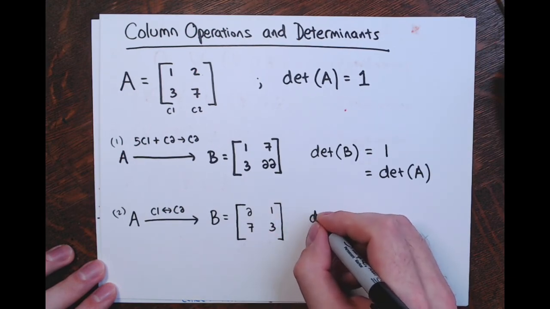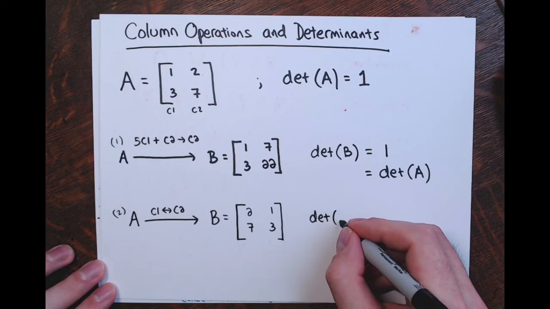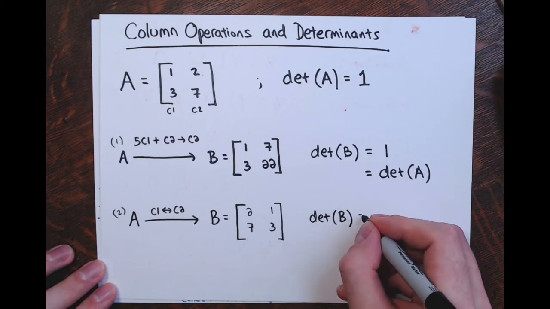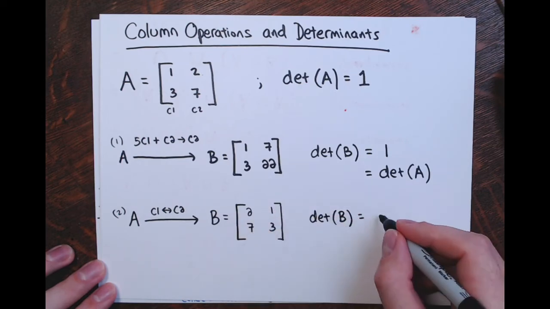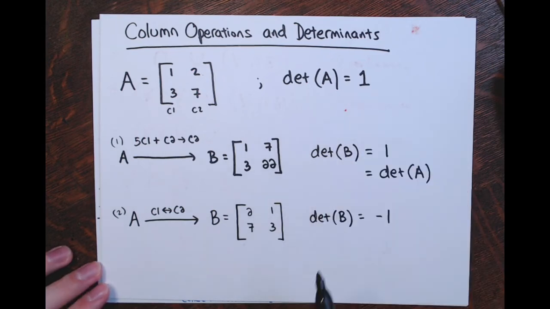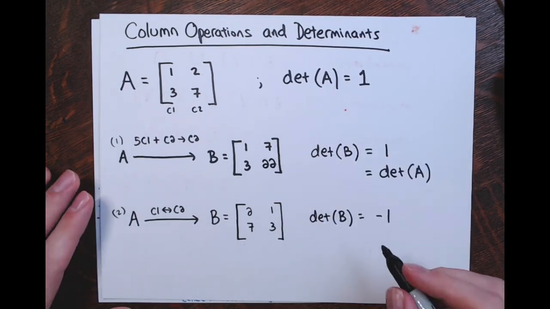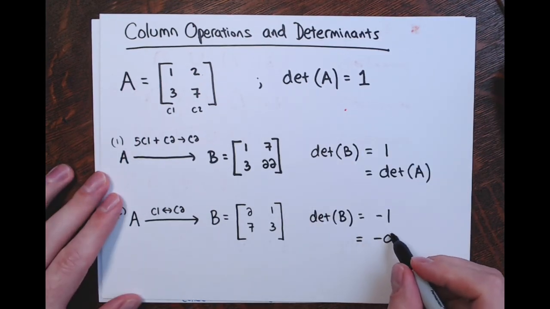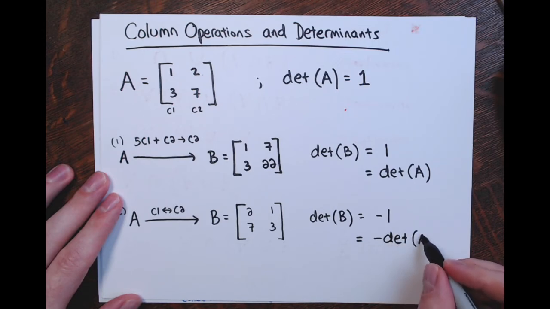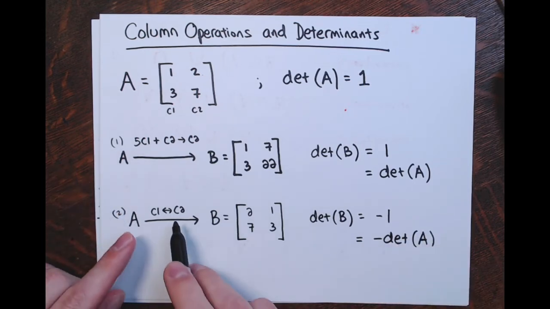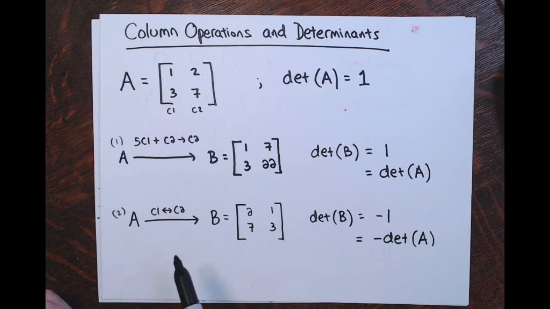And what's the determinant of this new matrix? That would be 6 minus 7. That's negative 1, which is the opposite of the original determinant. Okay, so switching two columns gives you the opposite of the previous determinant.